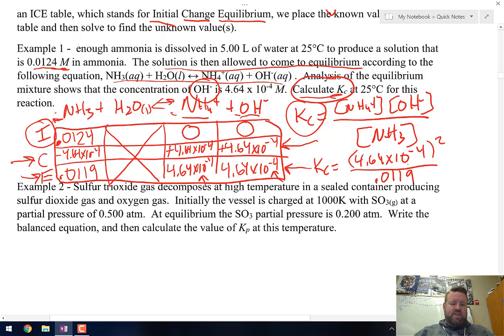So 4.64 times 10 to the minus fourth squared divided by 0.0119 equals 1.80 times 10 to the minus fifth would be our equilibrium constant for that reaction.